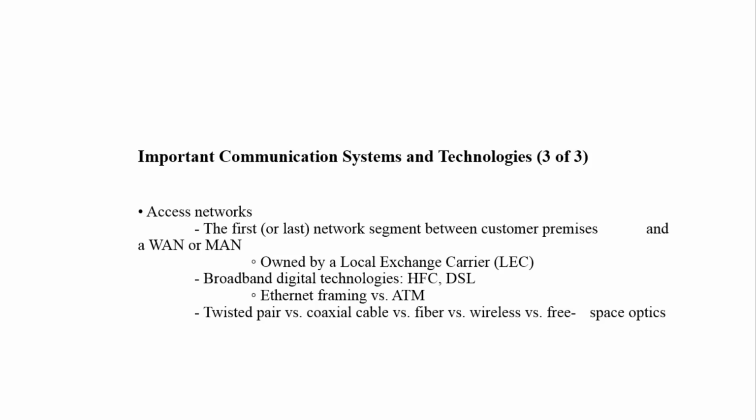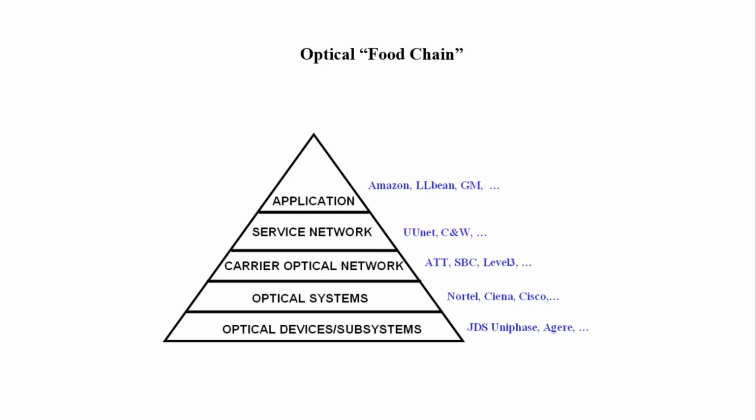Access network, the first or the last network segment between customer premises and a WAN or MAN, owned by a local exchange carrier. Broadband digital technologies, twisted pair cable versus coaxial cable versus fiber, and there are a number of cables. Optical food chain, optical devices.